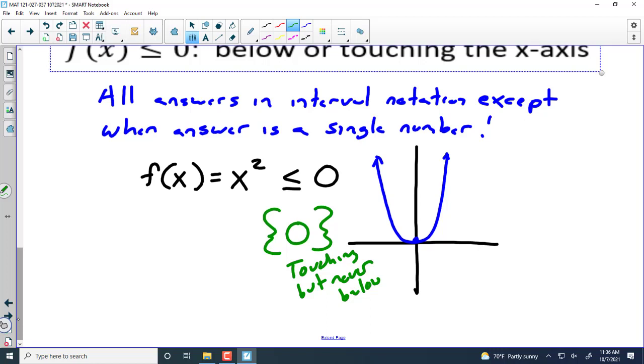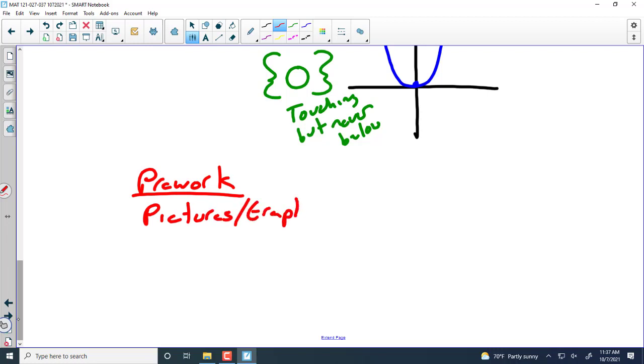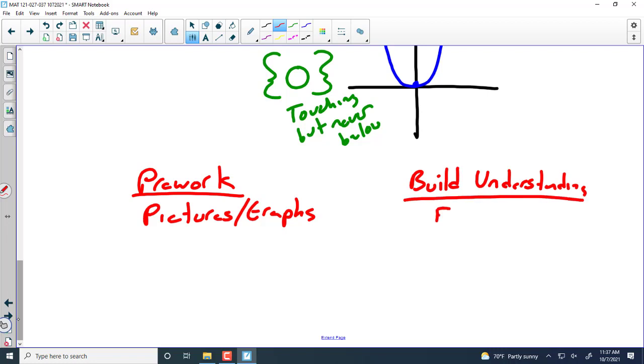What I think you noticed in the pre-work is that almost all the problems you did dealt with giving you a picture. In the build understanding homework, you're going to be working with equations more than pictures. So just so you know where we're headed, the pre-work was doing this with pictures. I guess I should say graphs because this is a math class. And the build understanding, which we'll be working on over this weekend, is going to be equations.